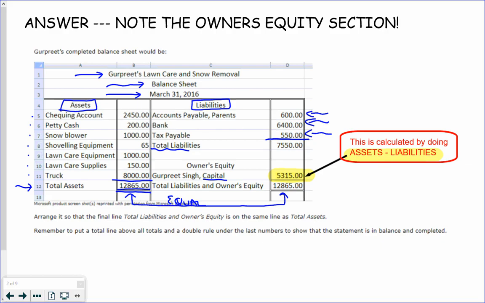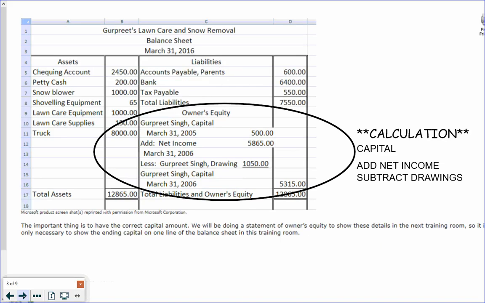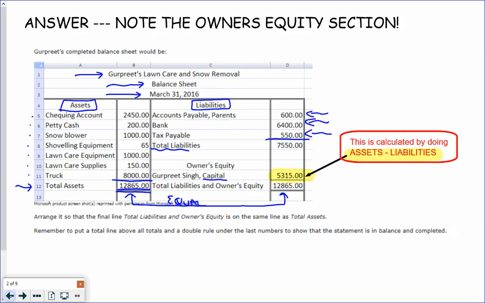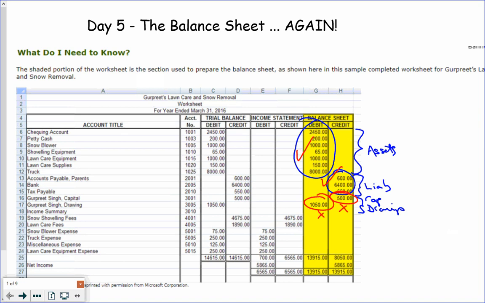Okay? Now, there's other options. If you don't want to do assets minus liabilities, the other thing you can do is you can actually use the numbers off of your sheet. So you can see here that you have a capital account of 500, a drawings account of 1050. Okay?